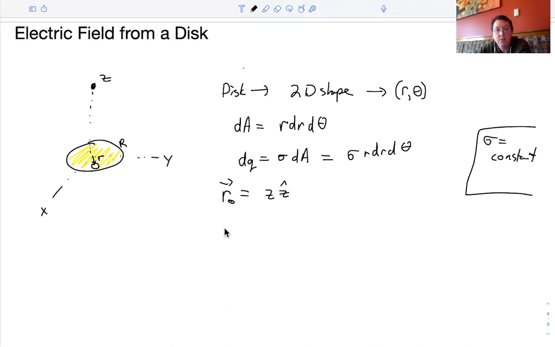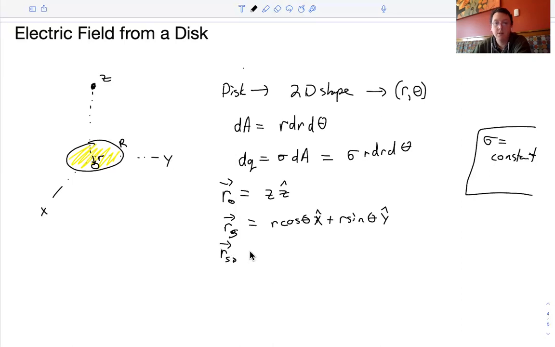And then the position of a little source of electric field is a very similar formula to what we have for a ring, except now the radius we use is the variable r because that's where the charge is. So that's just r cos theta x hat plus r sine theta y hat. Piece of cake.